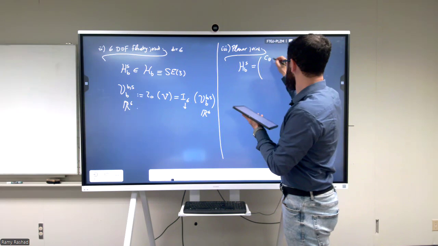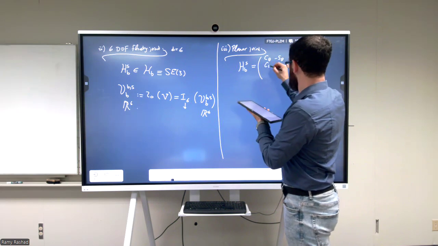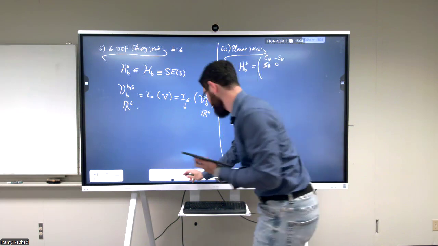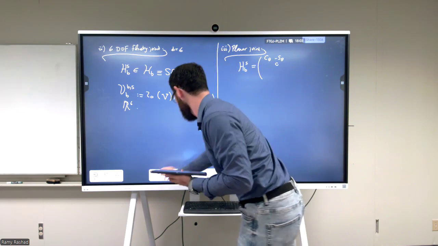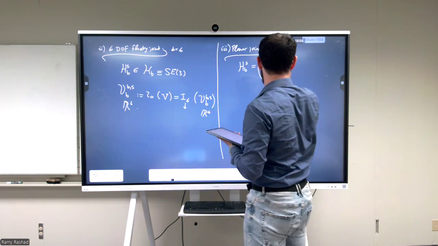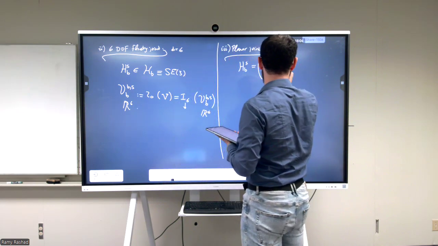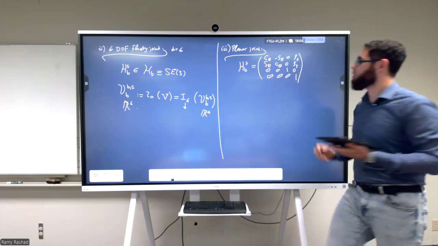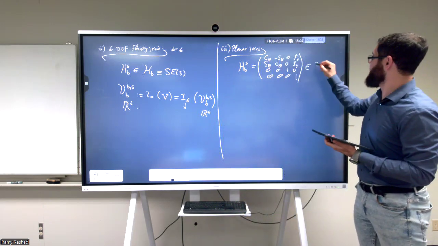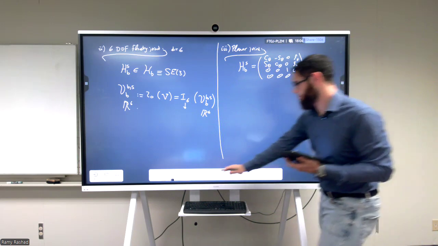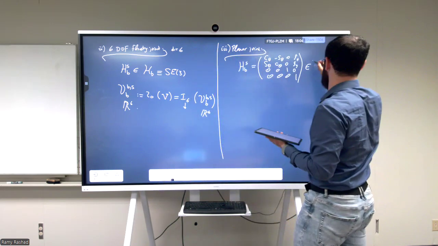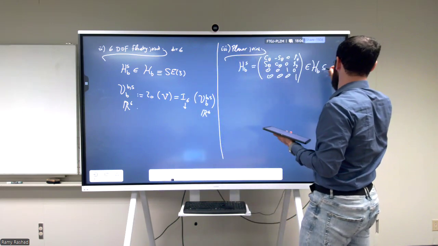It has cosine theta, minus sine theta, sine theta, cosine theta, then 0, 0, 1, 0, 0, 1, 0, 0, 0, 1, psi x, psi y, and 0. This lives in SE3, but it's actually living in a subset, or a submanifold, of SE3.